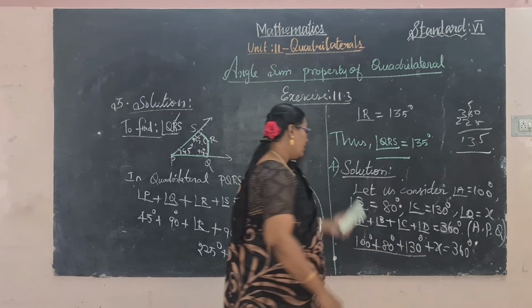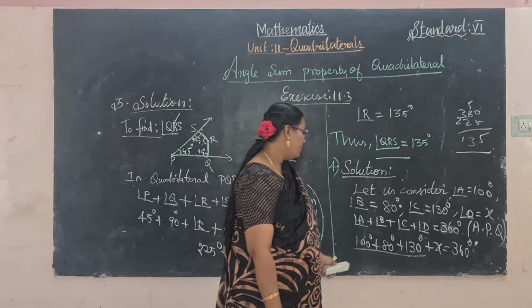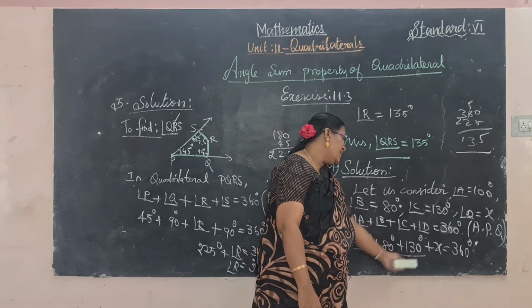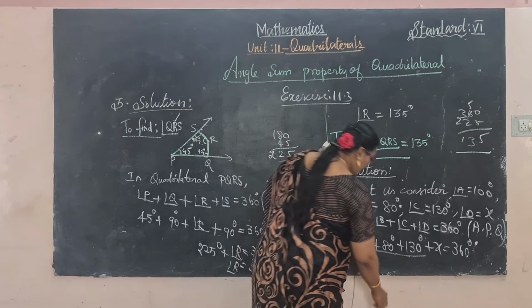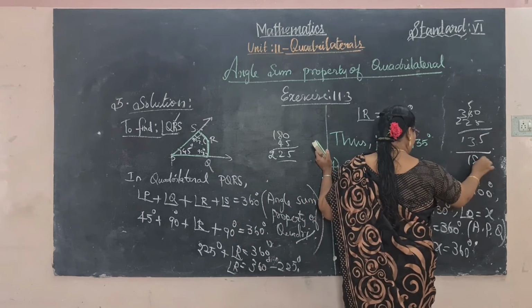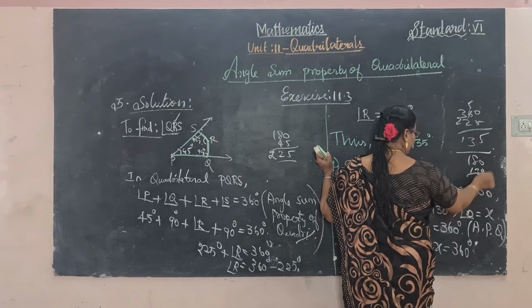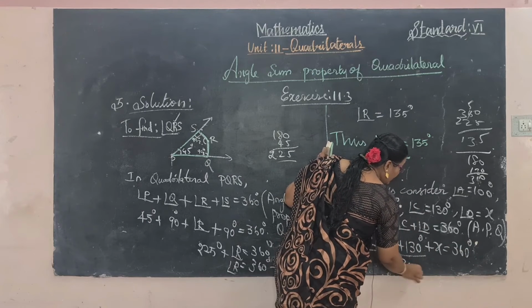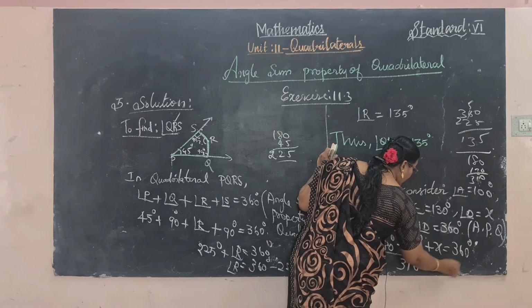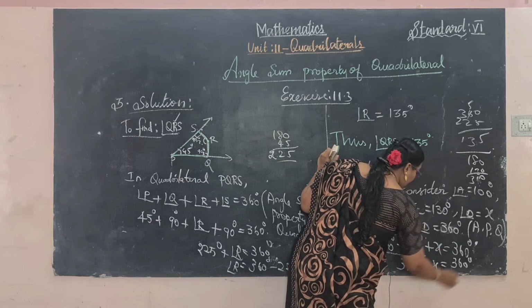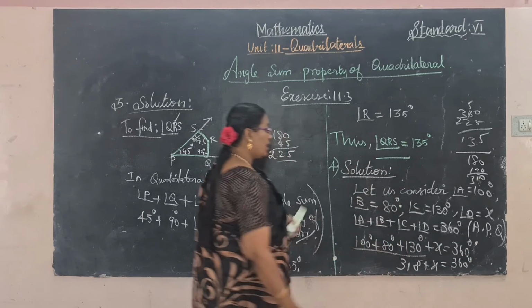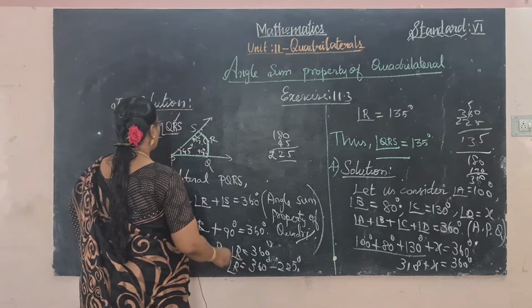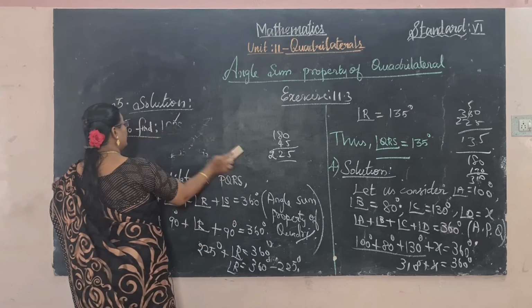Now add these three values: 100 plus 80 is 180, 180 plus 130 is 310. So 310 plus x equal to 360 degree.